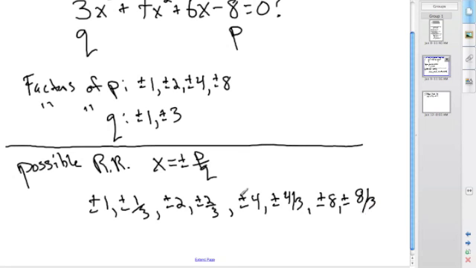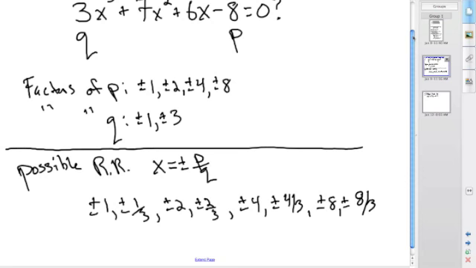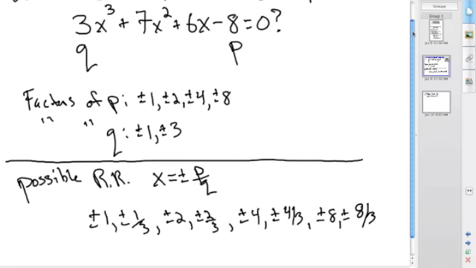So these are all the possible rational roots we can have for the polynomial 3x^3 + 7x^2 + 6x - 8.